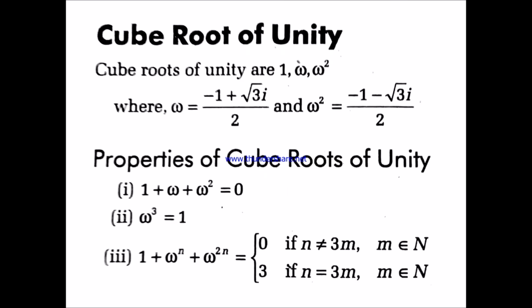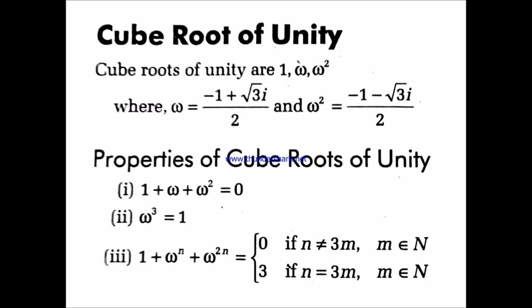Now let's see that omega cube is equal to 1. How? What is actually omega cube? It is 1 into omega into omega square, hence it is the product of the roots of the equation x cube minus 1.